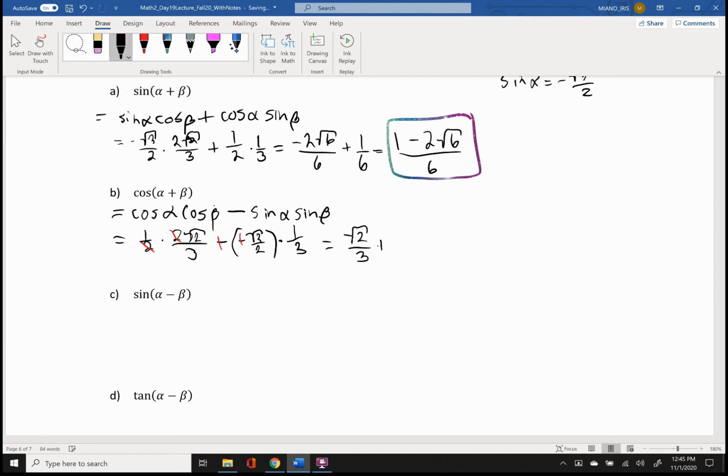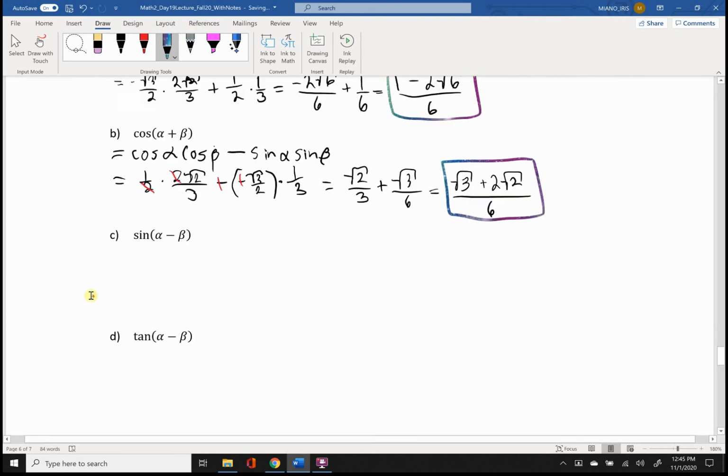Yep. In the textbook, the authors have common denominators here, so they multiply this first term by 2 over 2, and they switch the positions of these two for some reason. Root 3 plus 2 root 2 all over 6 is their final answer. Again, if you want to see more algebraic details on that, just let me know and we can talk about it in class.